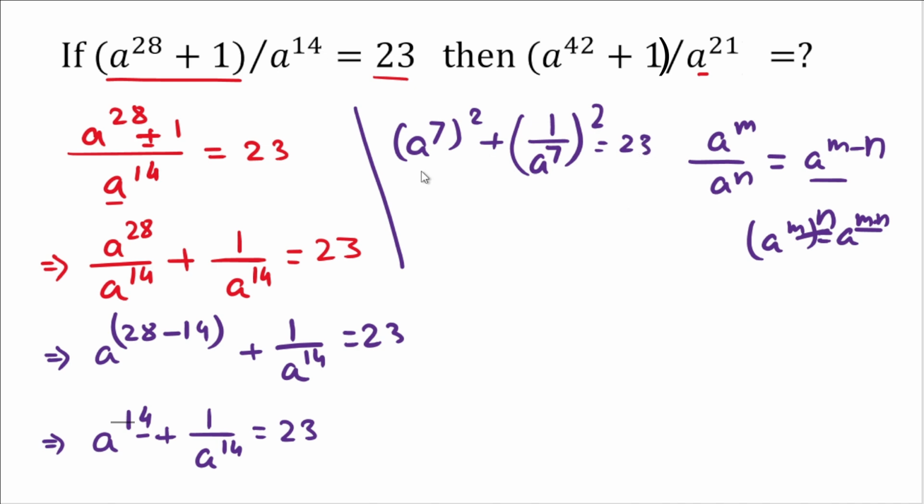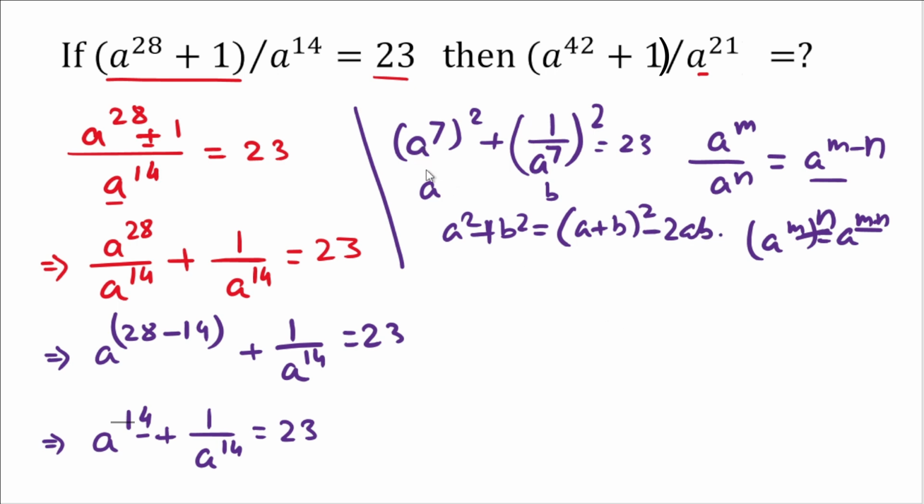Now the next is in the form of a square plus b square. So we'll let a^7 be a, and the second term, 1 over a^7, be b. So it is a squared plus b squared, and the formula of a squared plus b squared in terms of a plus b is (a plus b) whole squared minus 2 times ab.